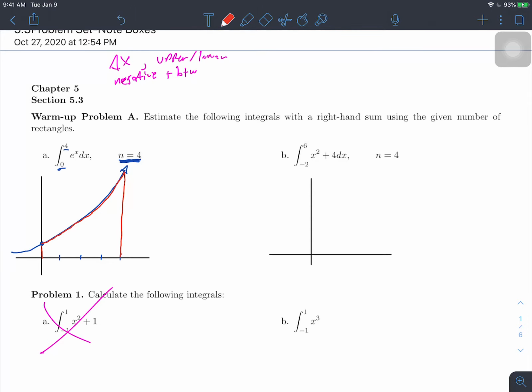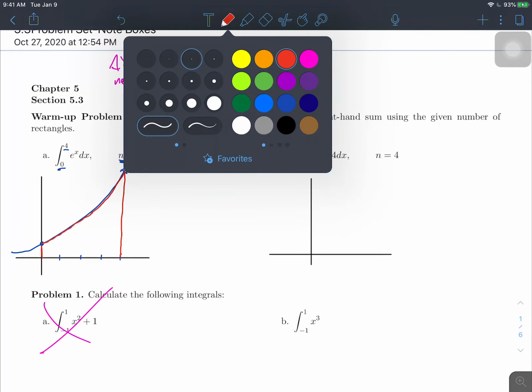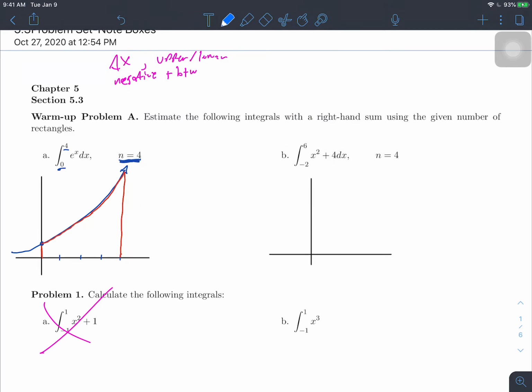Okay. So if I'm using 4 rectangles, how wide should each rectangle be? What should the width of each rectangle be if I use 4 rectangles to partition my domain here, which is 4 units wide? Yeah, it should be 1 unit wide each, right?